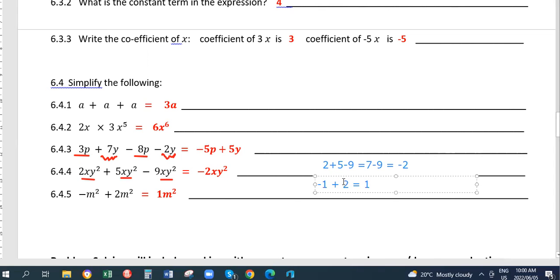There are more plus 2 than minus 1. So 2 minus 1, we have 1. Right, so there's more positive than negative. So the answer cannot be negative 1. You can see that we have more positive.